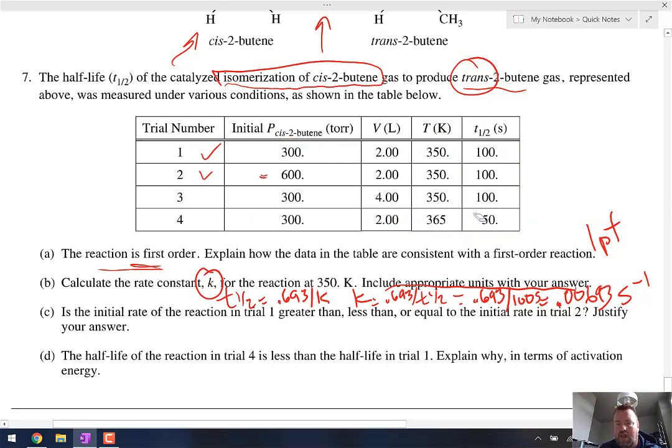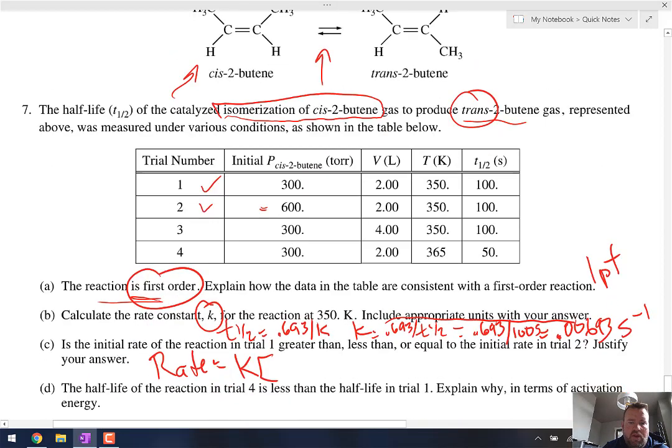Okay, part C says, is the initial rate of the reaction in trial 1 greater than, less than, or equal to the initial rate in trial 2? Well, what's a rate law? They tell you that it's first order, so we know the rate is going to equal k times the concentration of that cis-2-butene, whatever that compound is.